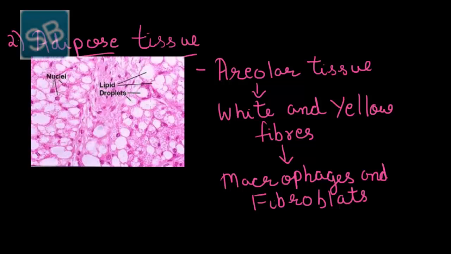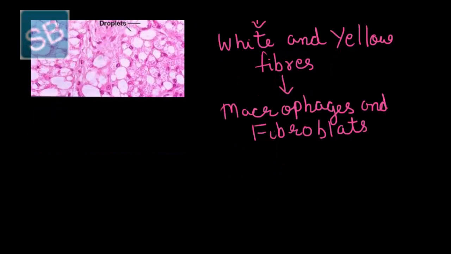As it can be seen from the figure, there is a higher percentage of liquid droplets or fat cells, that is adipocytes. Thus, fat deposition in this type of tissue is much more than that of areolar tissue. Since this tissue possesses fat cell or adipocytes, this type of tissue is known as adipose tissue. This type of tissue is generally present in subcutaneous tissue.